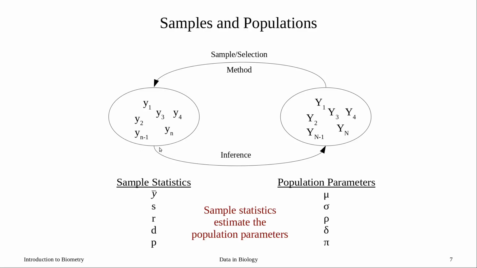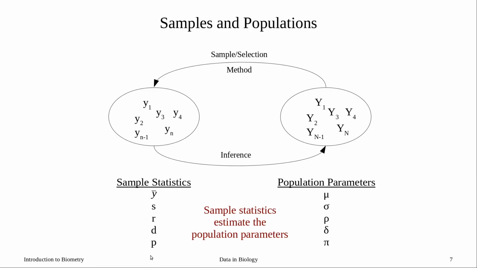From our sample, then, we try to infer information about our population. How do we make inferences about them? Well, usually it's about the sample statistics. So with our sample statistics, we have a mean, a standard deviation, a correlation, a difference, and a proportion. When we refer to the sample statistics, we utilize regular letters, English letters.